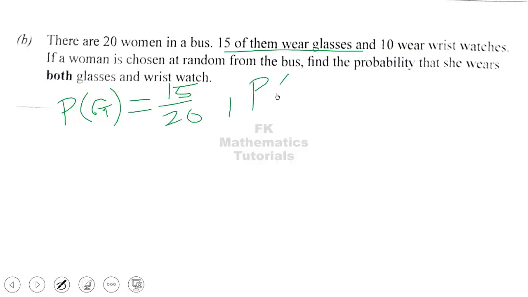The probability of someone wearing a wristwatch will be the number of those wearing wristwatches, which is 10, over total women, which is 20.